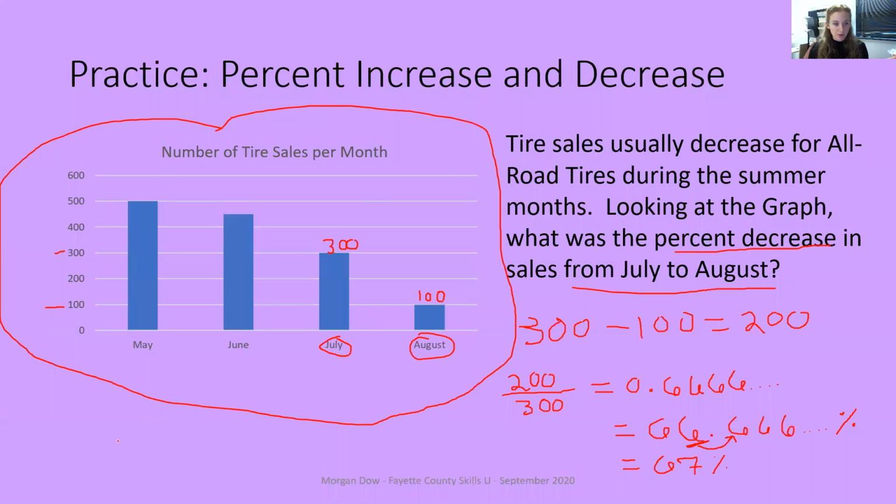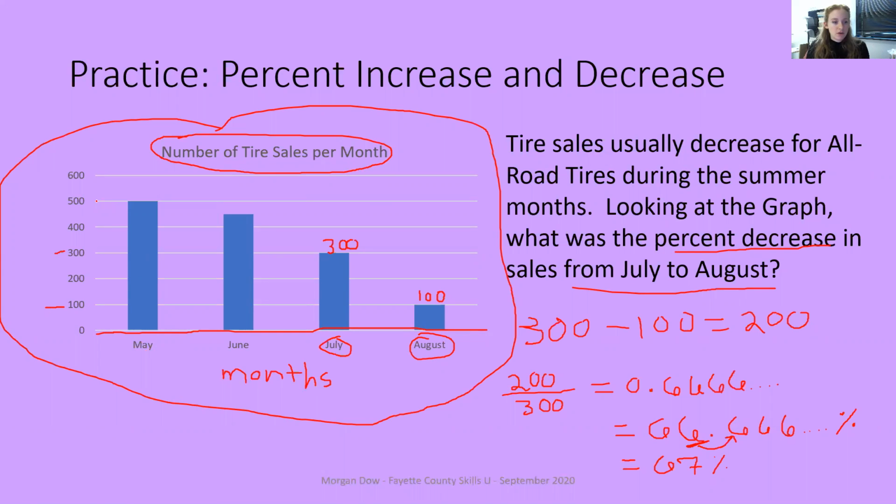So for example, in this graph here about our tire sales, we've got a title, number of tire sales per month. And then my horizontal axis, my x-axis, I look at the labels here and I see that the labels are months. So here I've got the months.